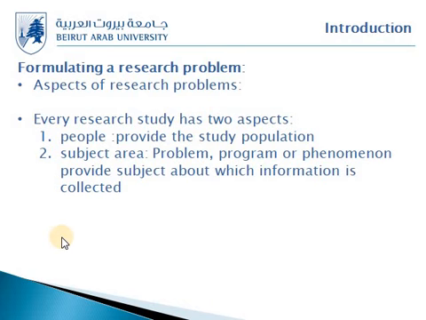So basically, there are two aspects of research problems. Every research study has two aspects. The first aspect is people, who will provide you with the study population, while the problem, the program, or the phenomenon furnishes the subject area about which information is collected. You can study a problem, a program, or a phenomenon in any academic field or from any professional perspective.